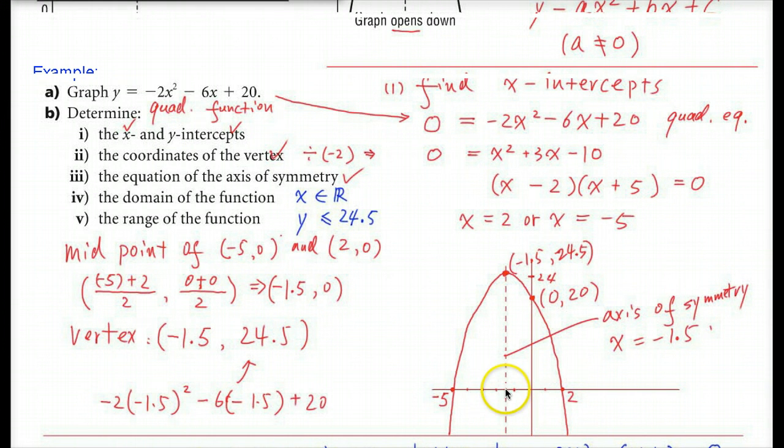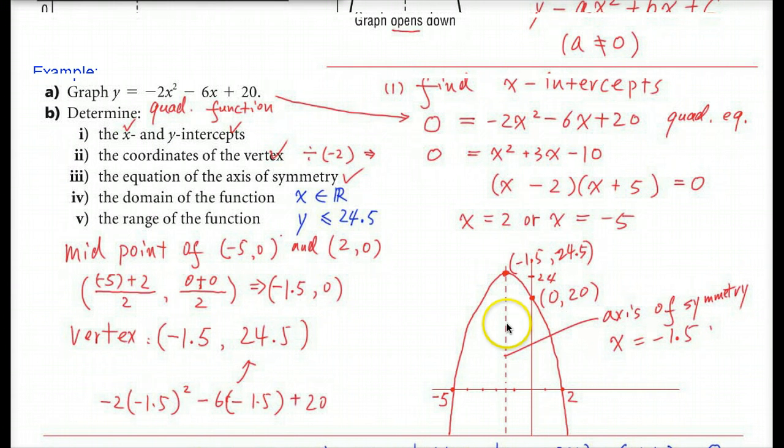We don't really need the midpoint. What we need is the x coordinate of this midpoint. So -1.5 becomes the line of the axis of symmetry. The equation is x equals -1.5.